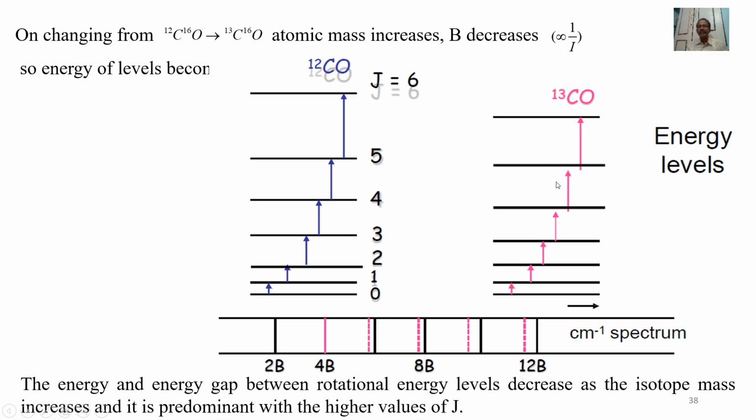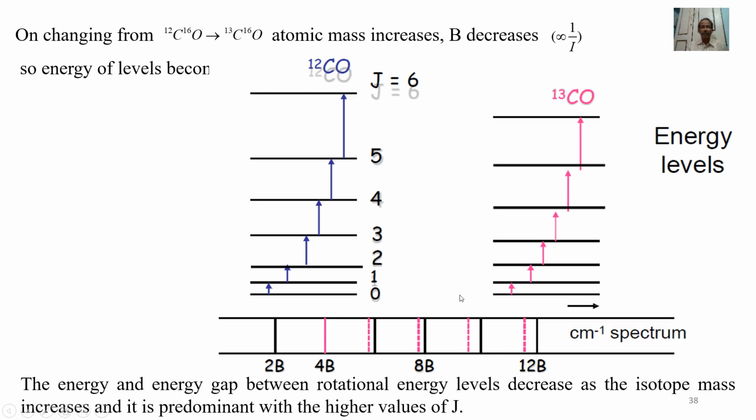See here, on the right hand side, compare this line and this line. When J increases, say J equals 5 and J equals 6, the separation decreases. It's very important information: the energy gap between rotational energy levels decreases as the isotope mass increases, and is predominant with the higher values of J.